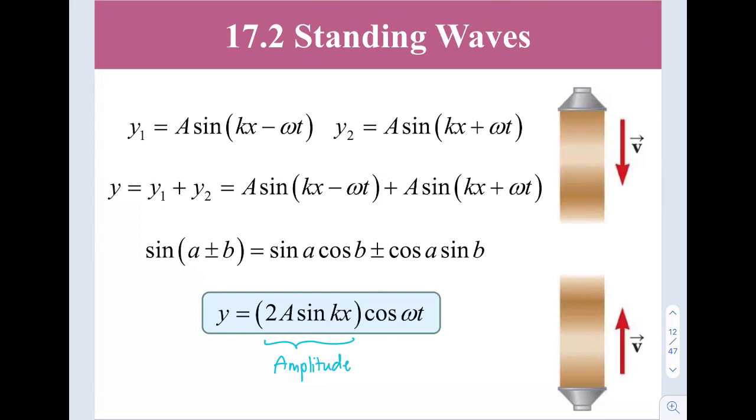So this equation represents a standing wave for the sound wave traveling from these two loudspeakers. This equation does not contain kx minus omega t, right? We don't have any kx minus omega t. It's only cos omega t, right?